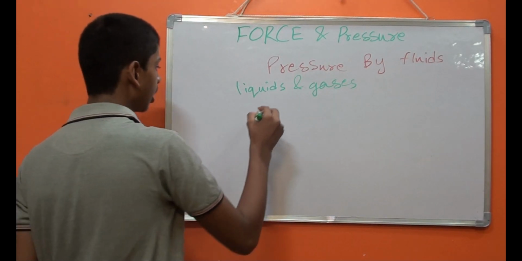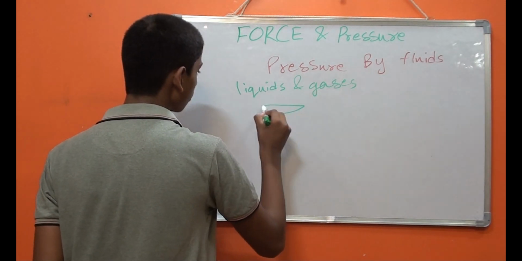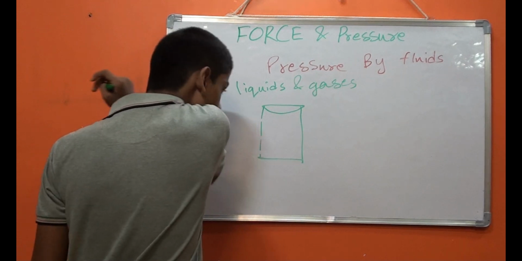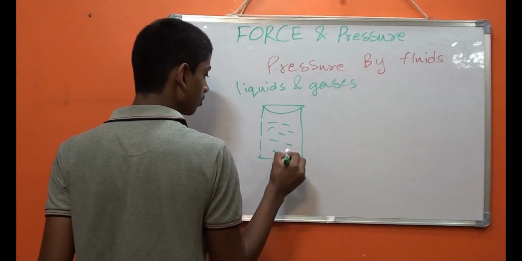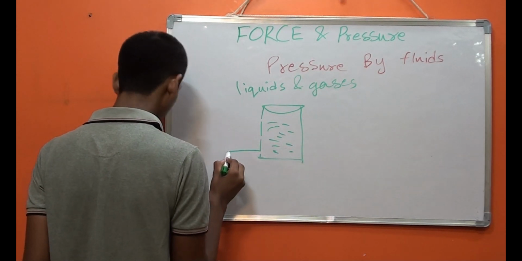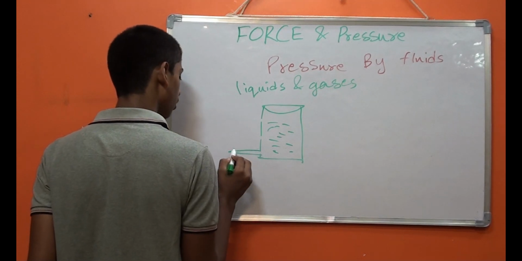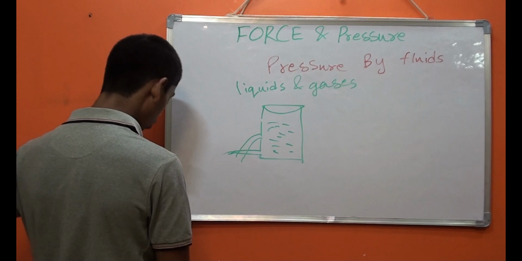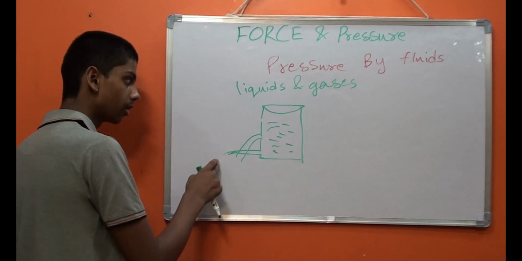Now let's see an activity. Here let's take a vessel. Let's make 3 holes at different depths. Now we'll fill it with water. From the bottommost hole, the water would go from here to here.